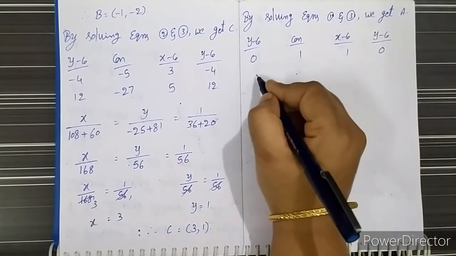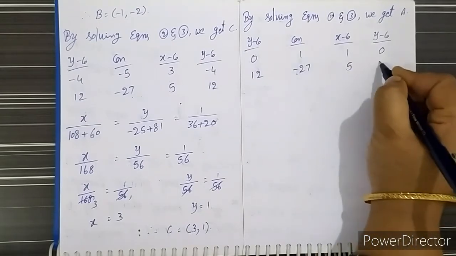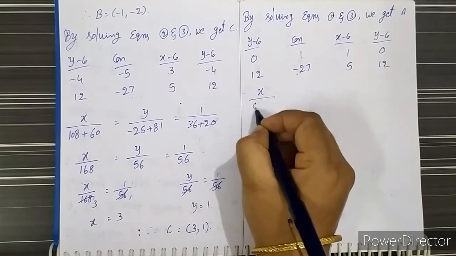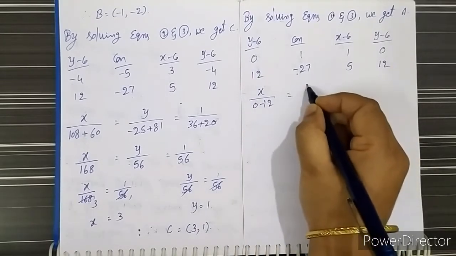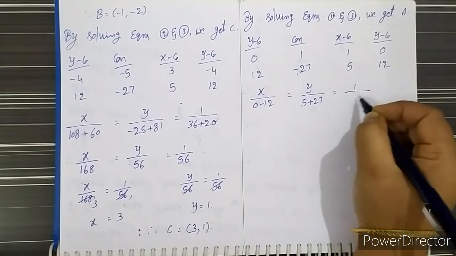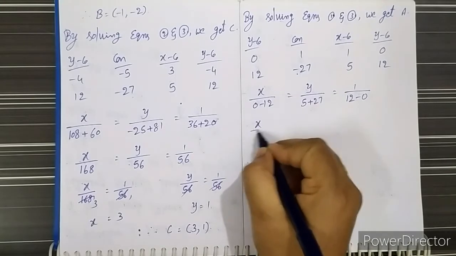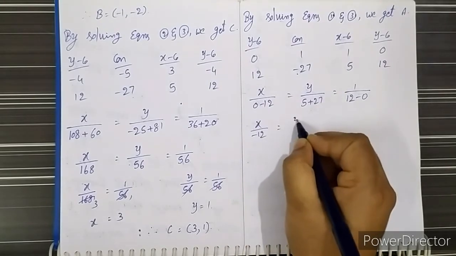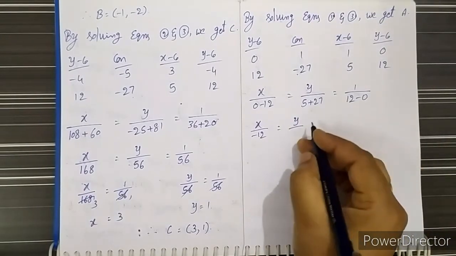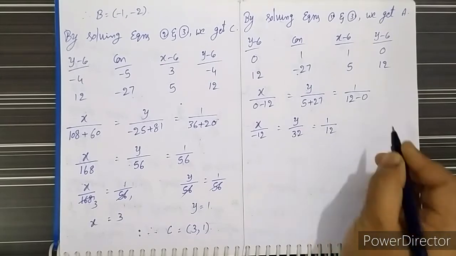Third equation, 12, minus 27, 5, 12. The calculation is x by (0 minus 12) equal to y by (5 plus 27) equal to 1 by (12 minus 0). Then x by minus 12 equal to y by 32 equal to 1 by 12.